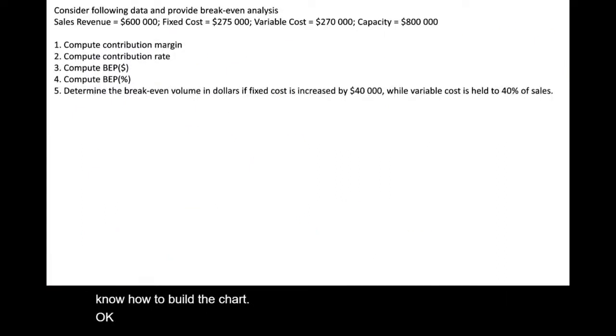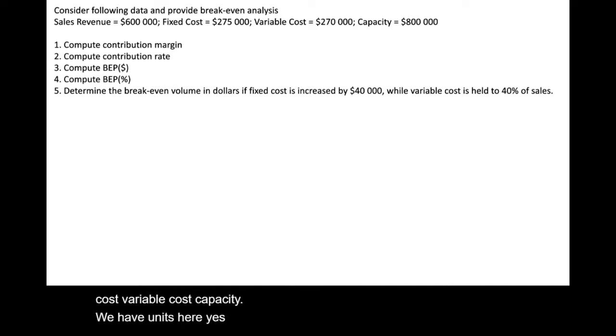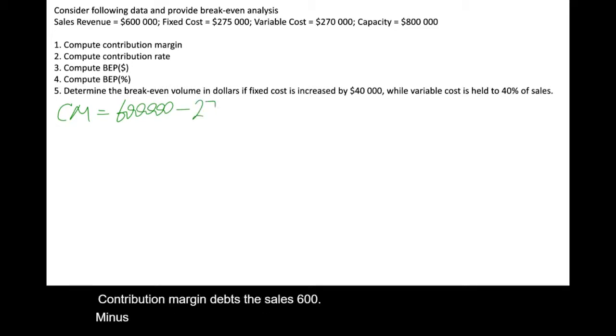Okay, consider the following data and provide break-even analysis. Sales revenue, fixed cost, variable cost, capacity. Do we have units here, yes, no? No units, good. So contribution margin, that's the sales, 600, minus variable cost, 270.